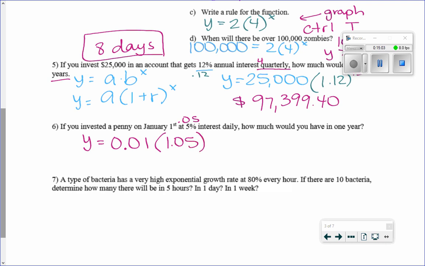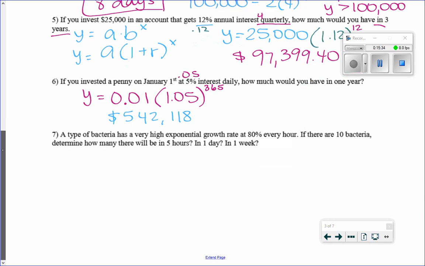Now, it's changing daily. It's increasing 5% daily. How many days are in a year? 365. Unless it was a leap year. So 365. That's that number. All right, so when we put this in our calculator, that little penny becomes $542,118. Because remember, exponential functions, they just increase rapidly and faster and faster.